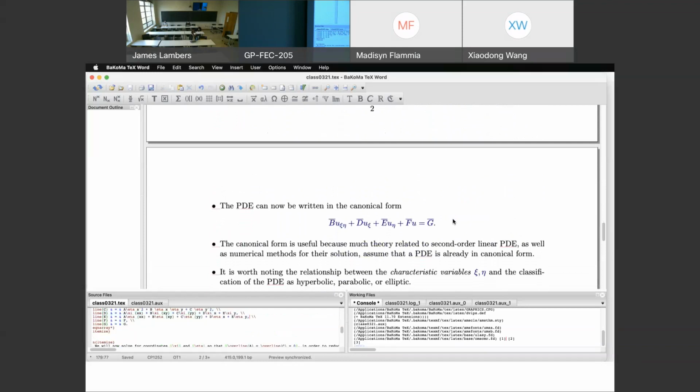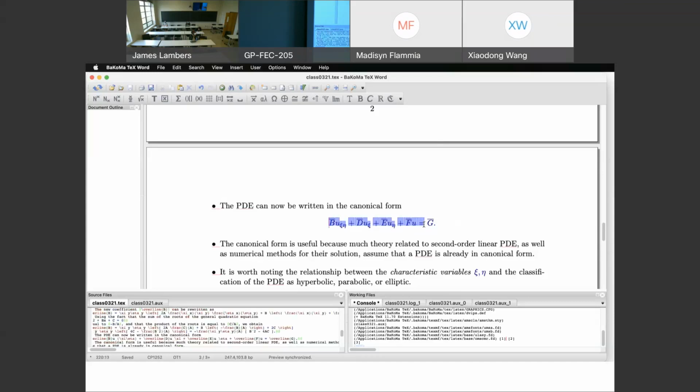So a lot of the theory behind second order linear PDE makes an assumption that the PDE is in some kind of canonical form. This is an example of such a canonical form where the only term involving a second partial derivative is this one. But at least if you know your PDE is hyperbolic, you know it's always possible to get it into this form.